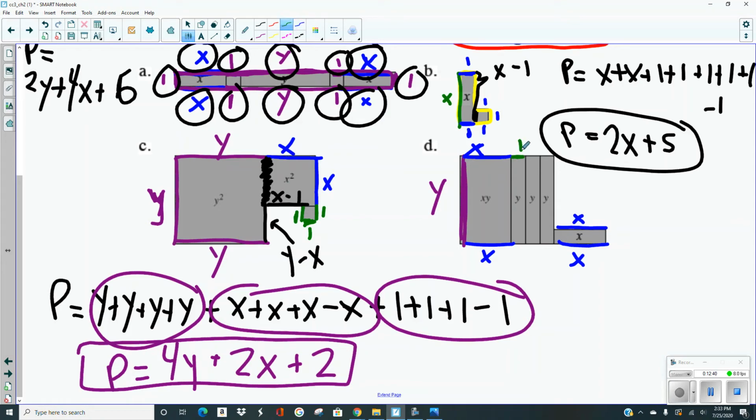So that little piece is a 1, that's also a 1, and this is a 1. Same goes for below. That dimension is a 1, along with this side.